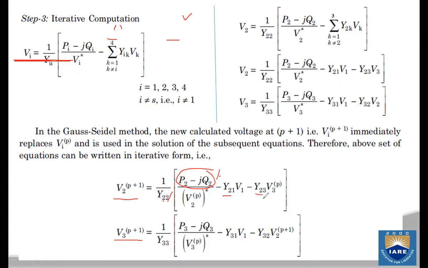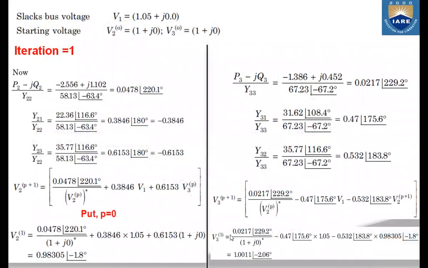Initially we calculate these values: (P2 minus jQ2) by Y22, Y21 by Y22, Y23 by Y22. These are the values we got here.